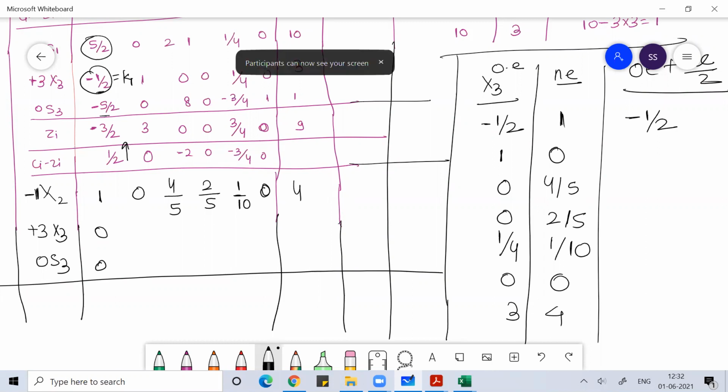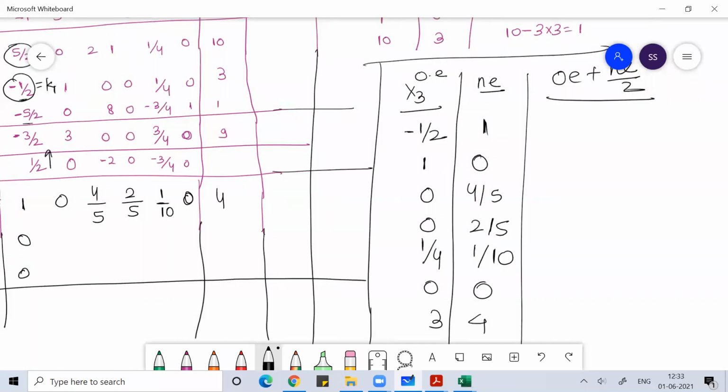So now if you see, this is minus 1 by 2 plus 1 into 1 by 2. This will be 0, this will be 1, this is 1 by 2. This is 4 by 5 by 2, means this would be 2 by 5.